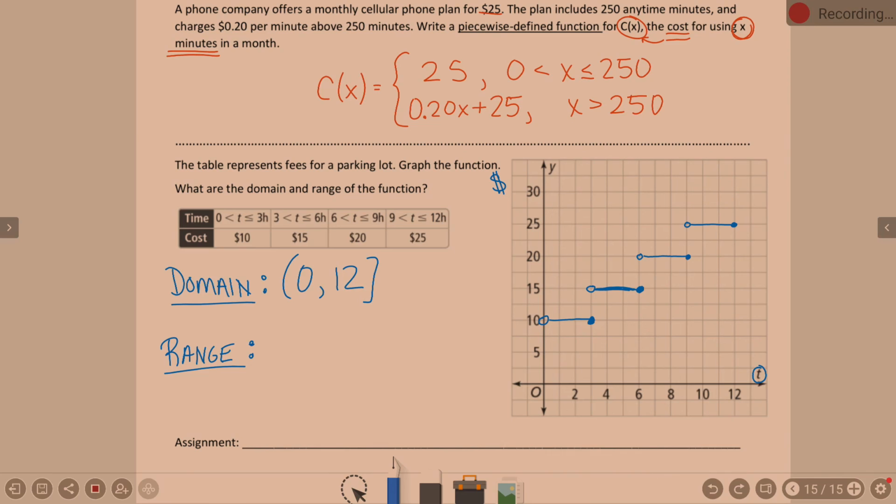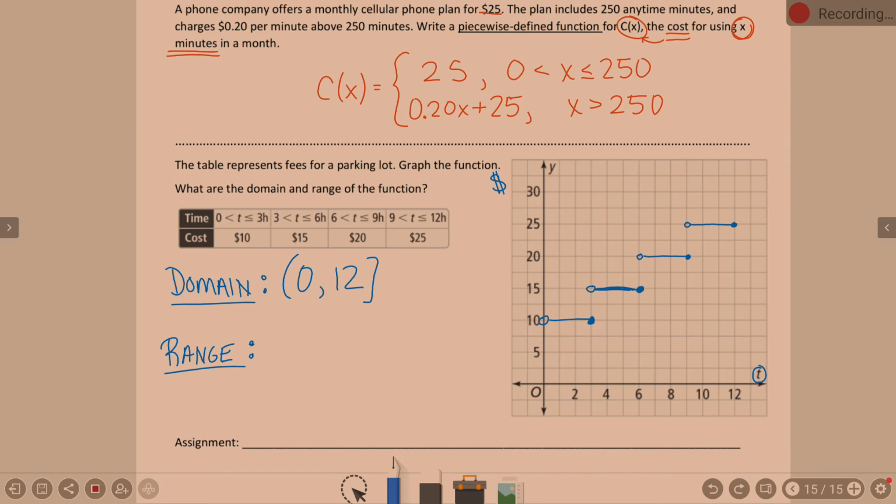Range. 10, 15, 20, 25. What about the numbers in between? Here, the y's for this first piece are at 10. All of them, aren't they?